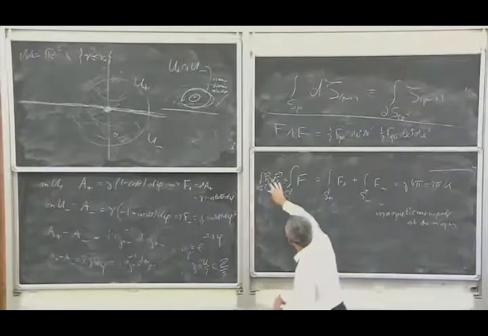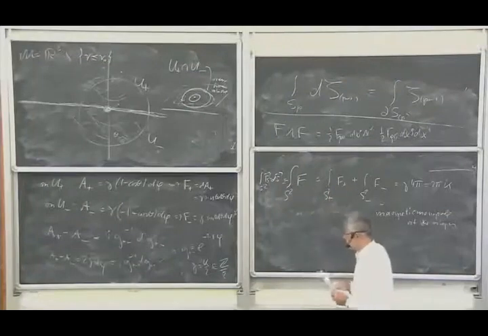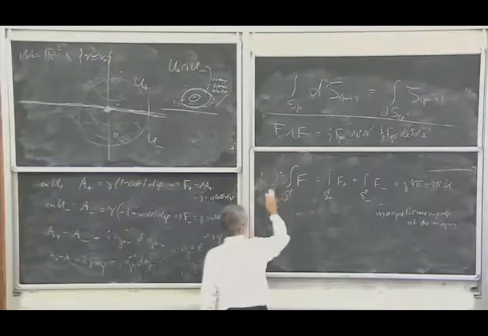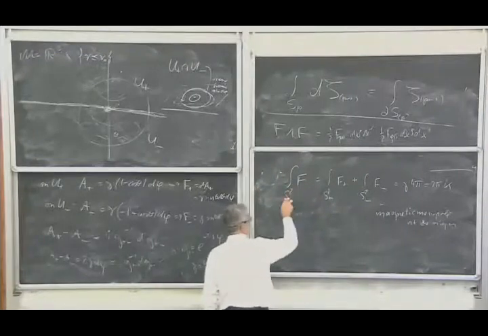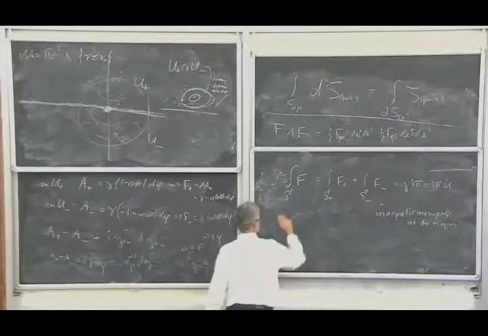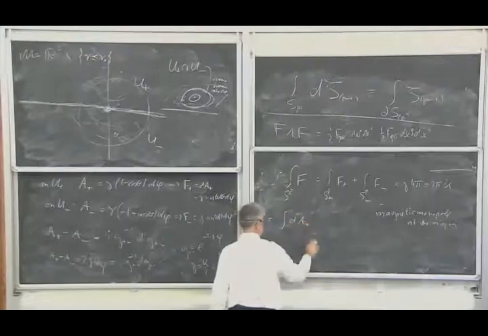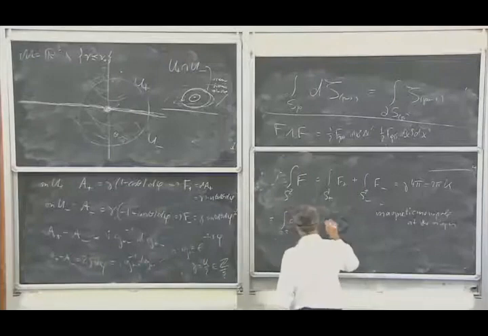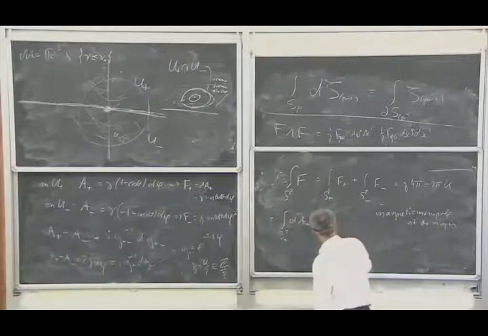Let me do the same computation again. The integral of F over S2, I write it like this, and then F plus is dA plus over S plus, and F minus is dA minus.